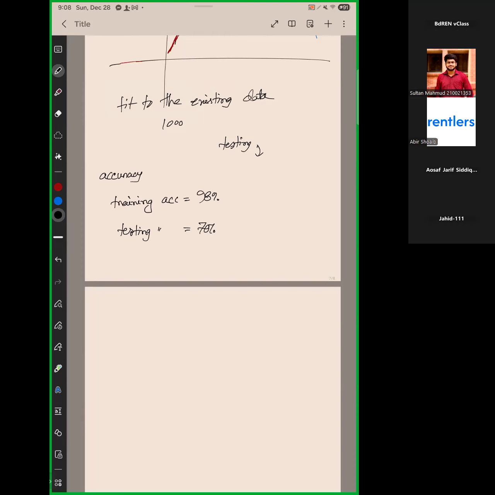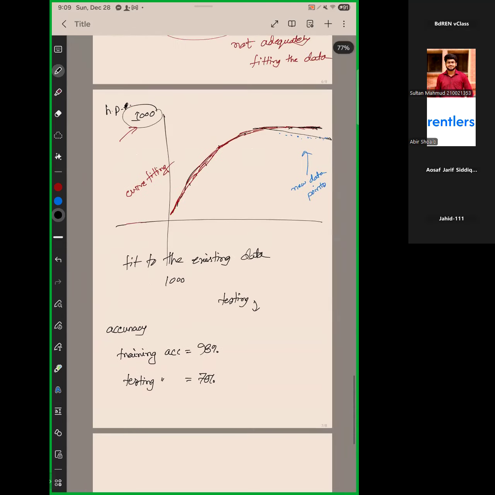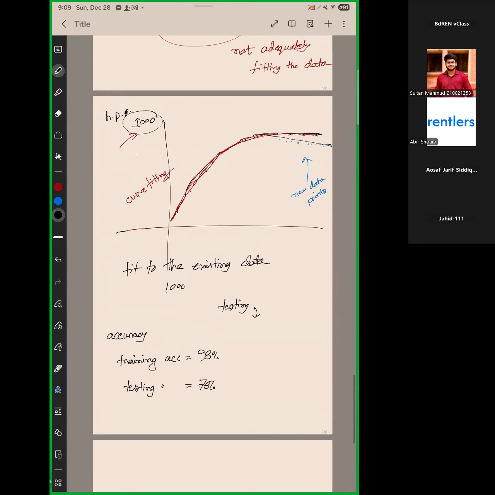So is it good? No, sir. It is not good because the training performance is very high, but when you're testing the model, it is performing very poorly. This happens when your model is fitting the training data too well. We don't want that. We want to have some variation so that it can also perform well in the testing case as well.